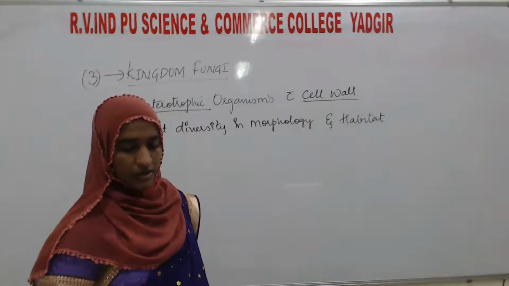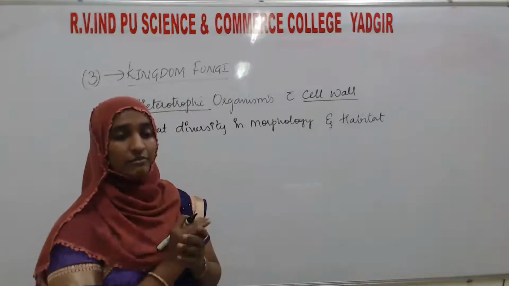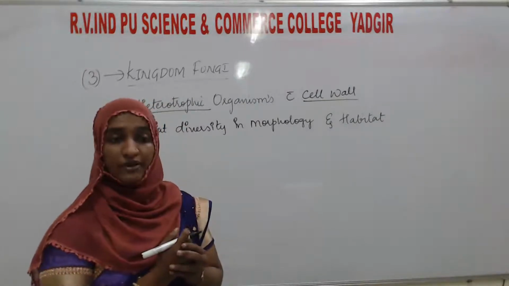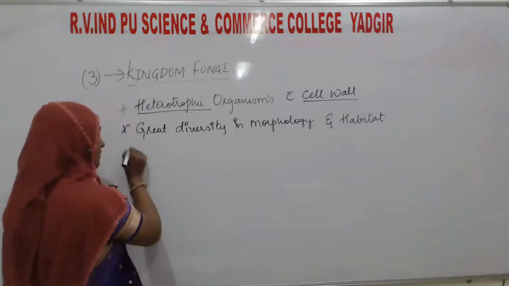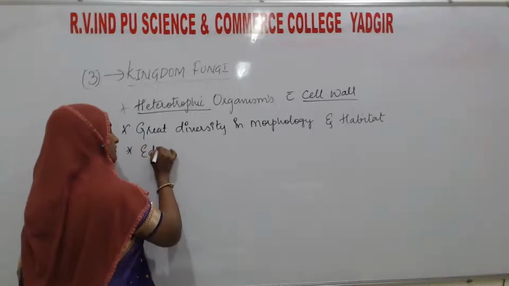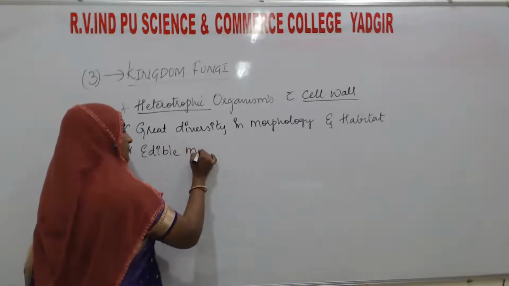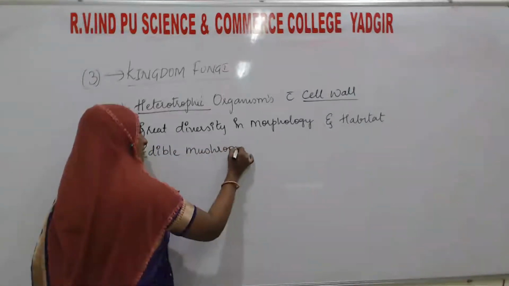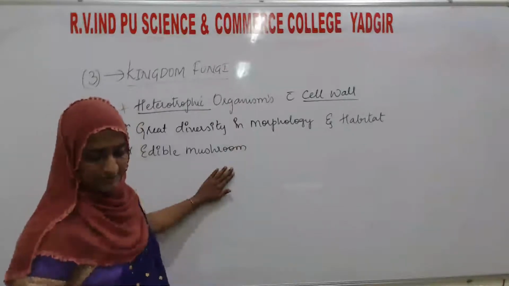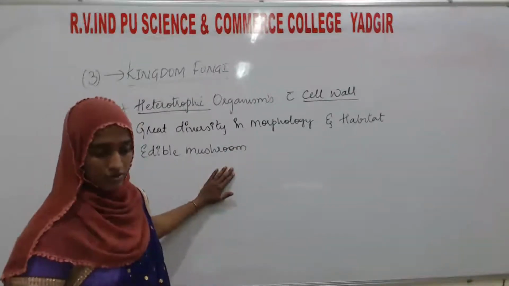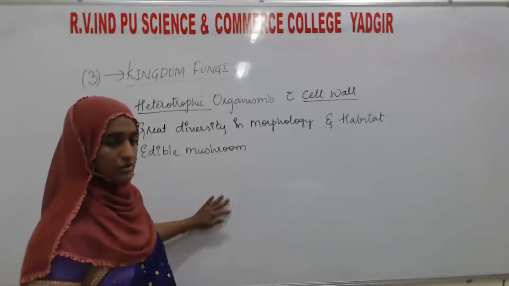The next, what are the common fungi? Some examples I will write here. Common fungi, you can say edible mushrooms. Then along with this edible mushroom, one more mushroom is there, which is in your NCERT book, that is the toadstools mushroom.